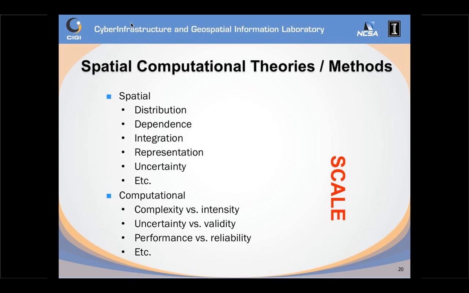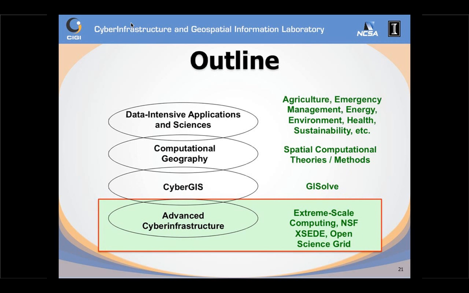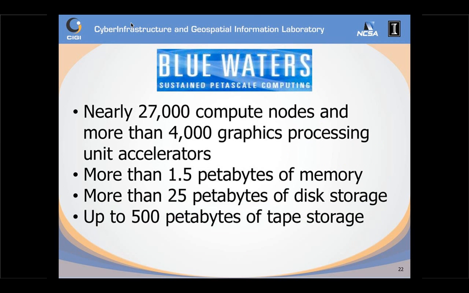We were addressing the complexity versus intensity, but if you go to multi-scale representation I was talking about, that has to also sacrifice your accuracy of the viewshed calculations. In general, the resolution change across scales leads to different quality of the results. So there are different kinds of trade-off, and the CyberGIS analytics need to balance and also synergize between the spatial and the computational aspects.